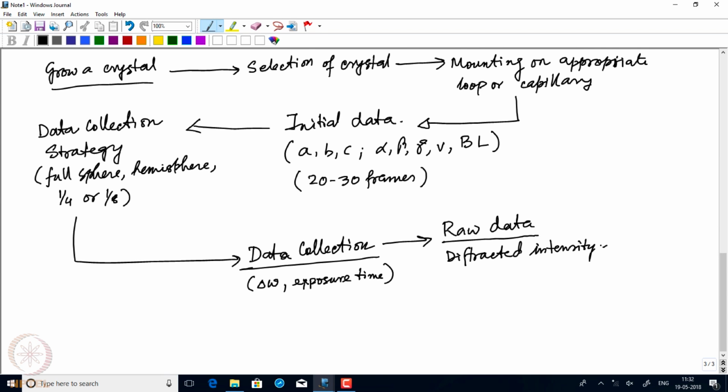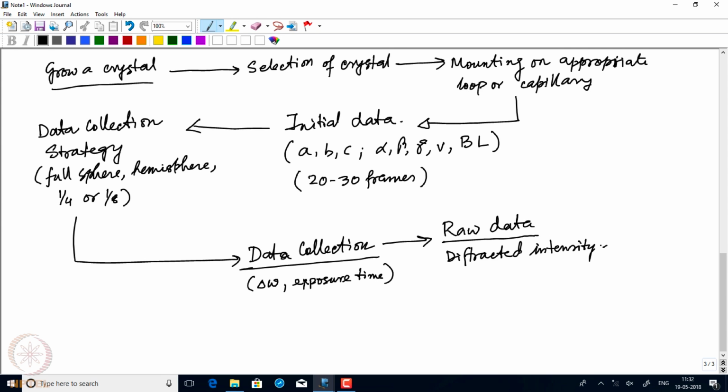Diffracted intensities come from a large number of reciprocal lattice points, that is, a large number of crystallographic planes, and these intensities will have a large variation. The intensity of some reflections will be very high and of some very low because of the difference in the planar density on those planes responsible for diffraction.